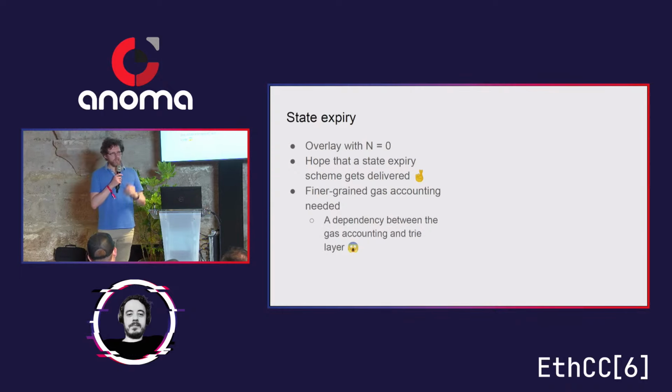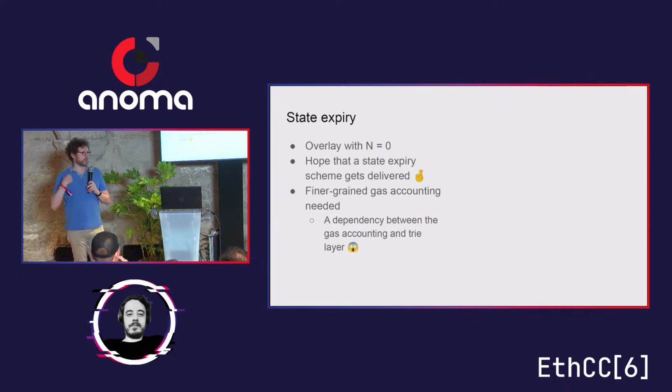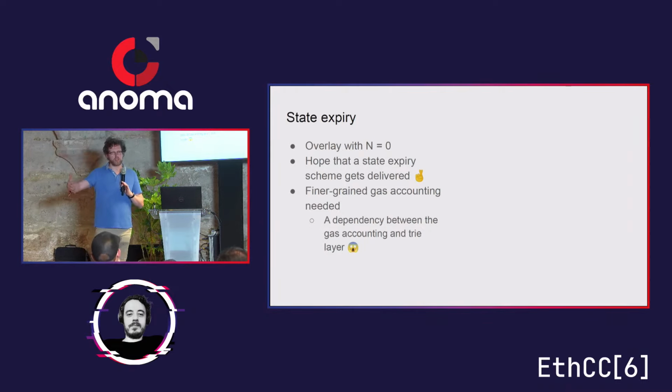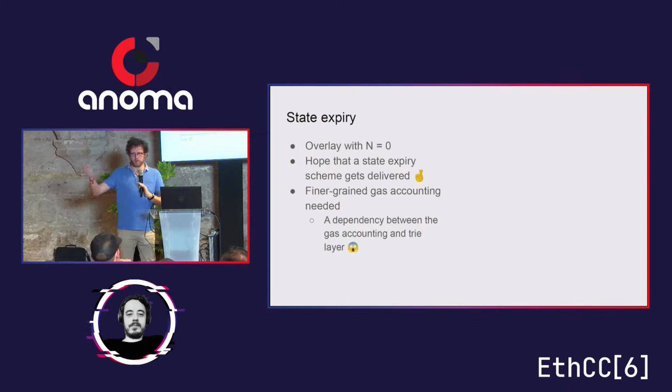And like I was saying, there's the problem that if it's for a month, we've had months where gas was expensive. So if the storage price is twice as expensive for a month, it's okay. It's not great, but it's okay. If it's for potentially 2 years, or even more, with no end in sight, we definitely need to make something that is a bit more fair. That means we need to make sure that if you hit the Verkle tree, you only pay the price for the Verkle tree.